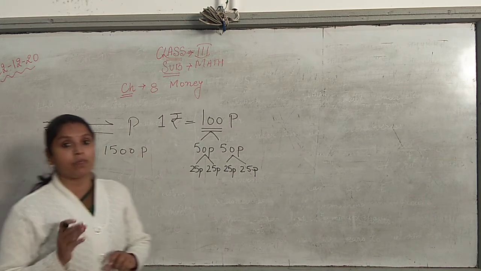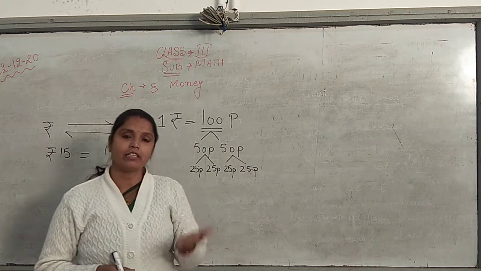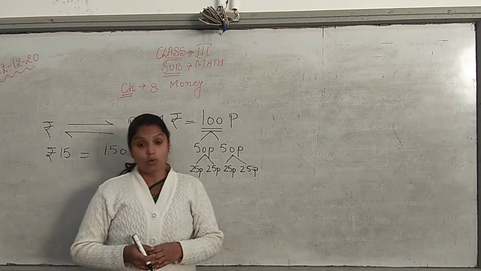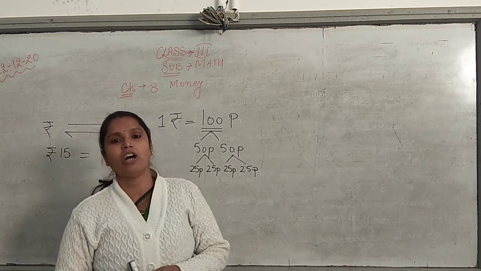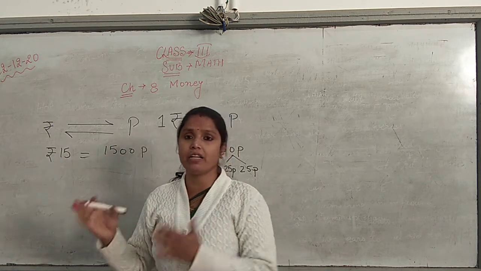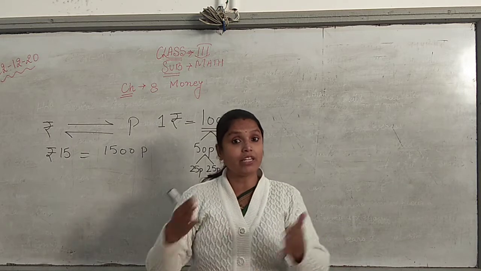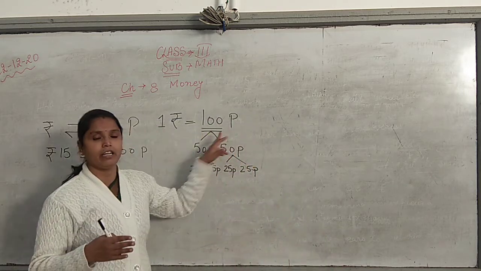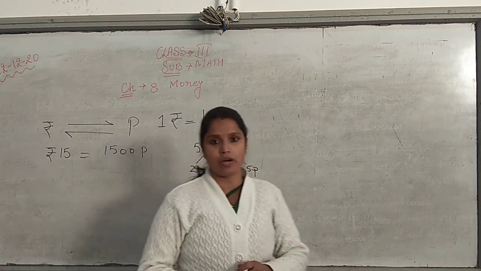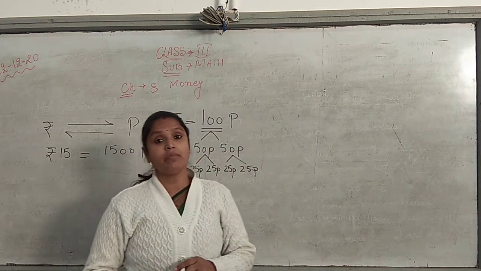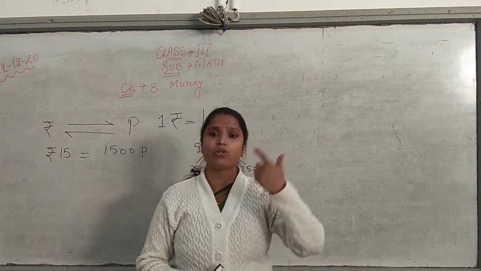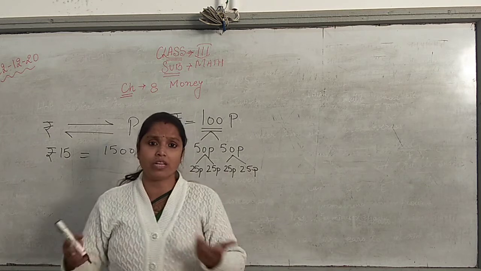If I talk about rupees 72, how many paise are there in rupees 72? How will you do it? 72 times 100 is what? 7200. Why, children? Because 100 plus 100 plus 100, repeated 72 times, we cannot keep adding.